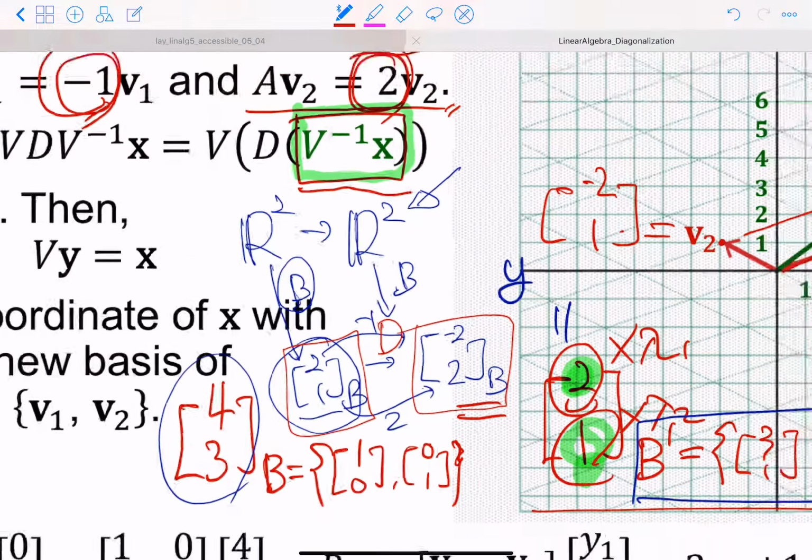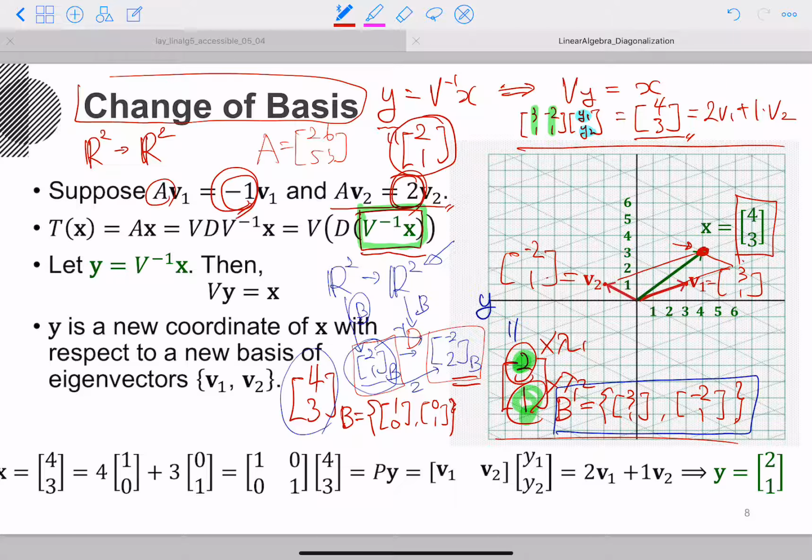But here, when representing the input and output vectors as coordinate vectors with respect to the new basis vector B, and also B, for example, we can also imagine its corresponding linear transformation matrix D over here. And the main property of this matrix D was that it was a simple diagonal matrix, right? So that's the beauty of changing our basis and their corresponding coordinate systems, right?